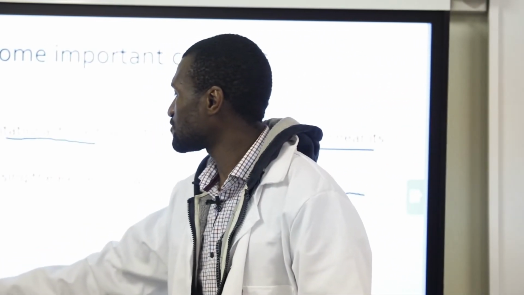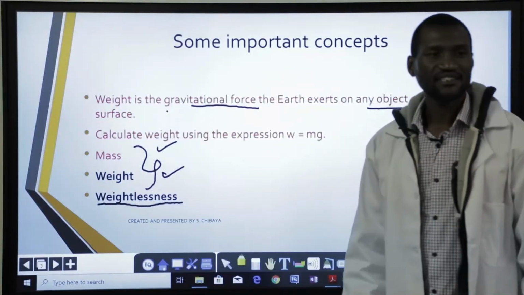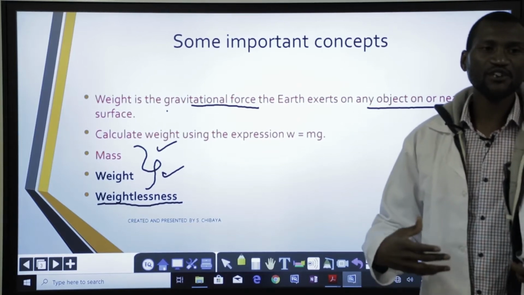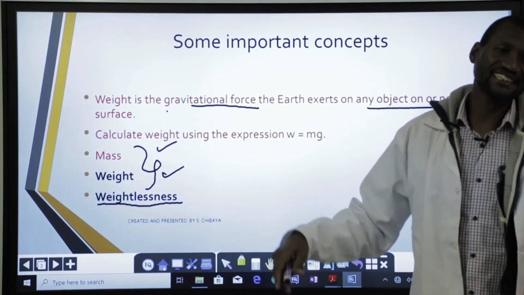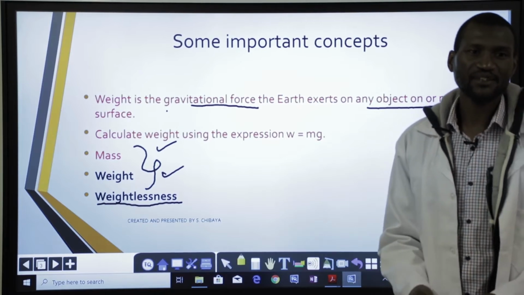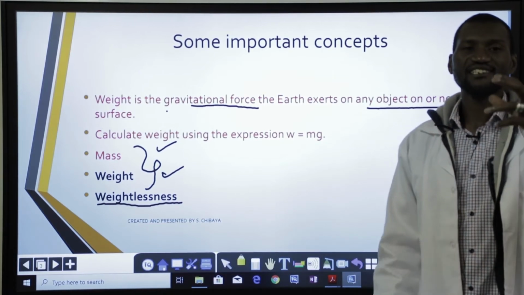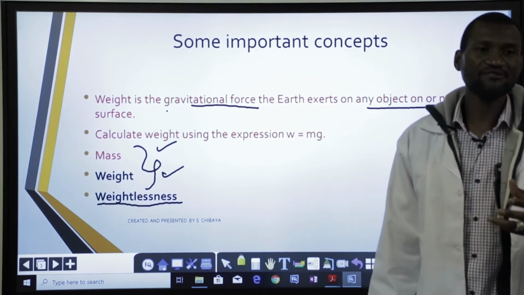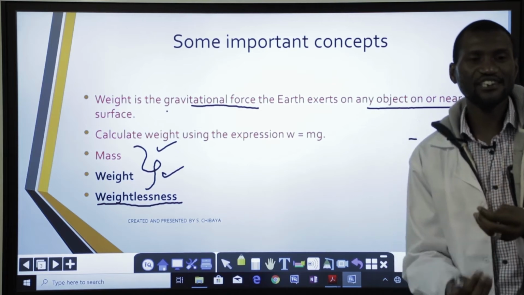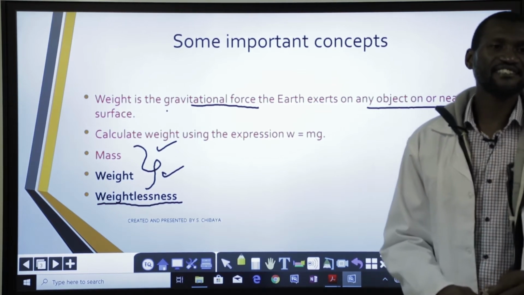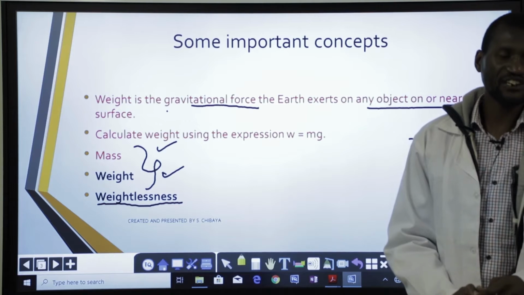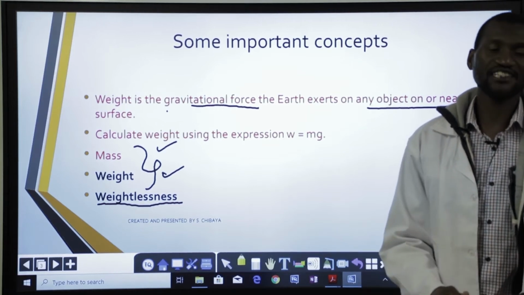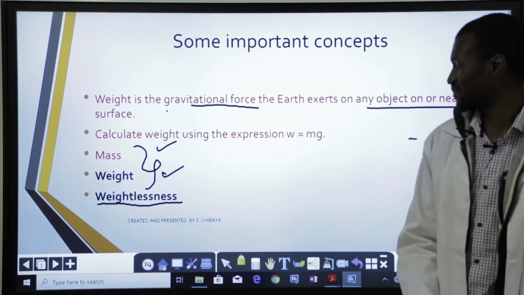How about the aspect of weightlessness? It is the tendency of an object to seem weightless, like in space, or like when an object is inside a lift and the lift is accelerating downwards at the same acceleration as gravitational acceleration, which we now know is 9.8 meters per second squared.